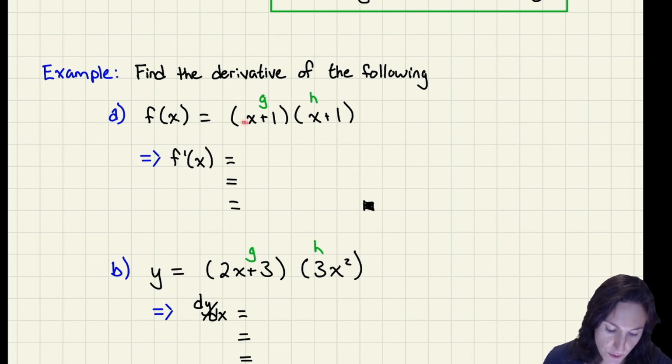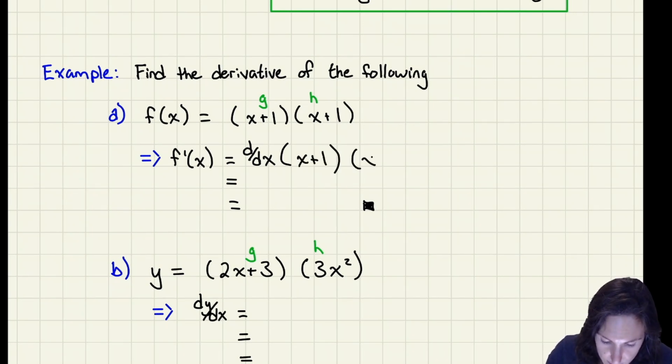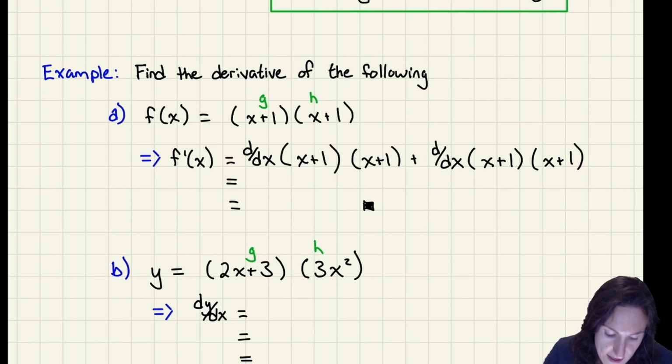So when we say the derivative of the first, a way we can write that is I'm going to take the derivative with respect to x of the first function, so d dx of x plus 1 times the second, plus the derivative of the second, which in this case they're the same, times the first. And then d dx is just being applied to this part here in the brackets. If it was being applied to everything, I would have to put another set of brackets around here.